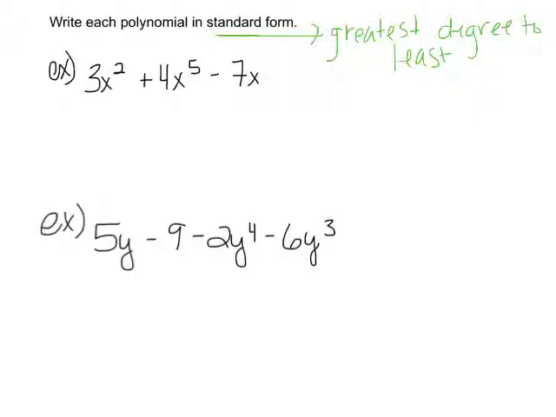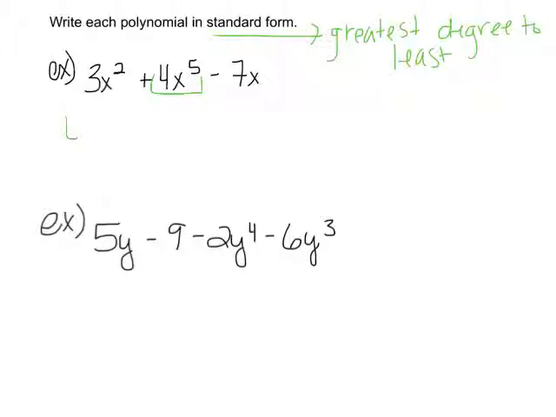So I look at 3x squared plus 5x, or 4x to the fifth, minus 7x. And the greatest degree is this term, the 4x to the fifth, because that exponent is the highest.